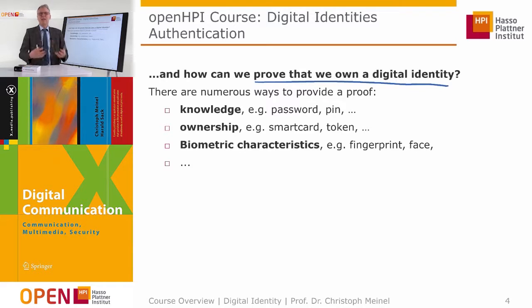We can prove that we own the digital identity by knowing something, for example, a secret password or a secret PIN. We can prove the ownership by the ownership of something, for example, a smart card or a token. Or we can show biometric characteristics, for example, fingerprint or face or iris.